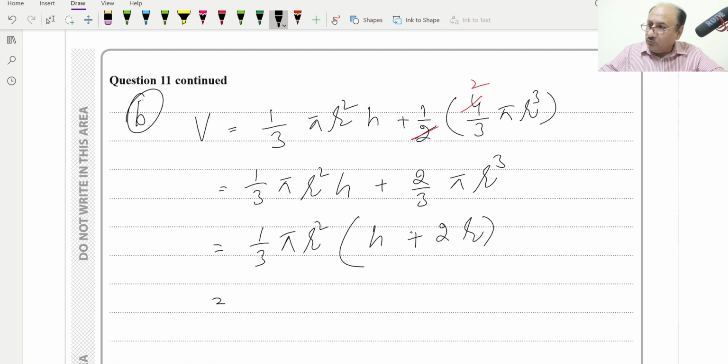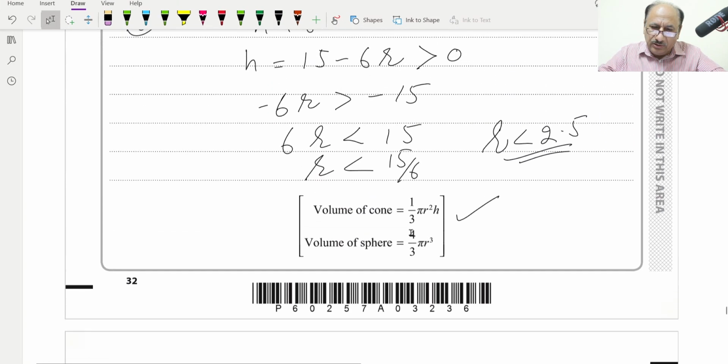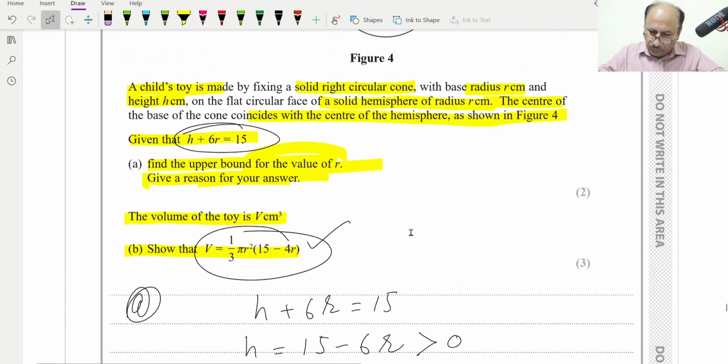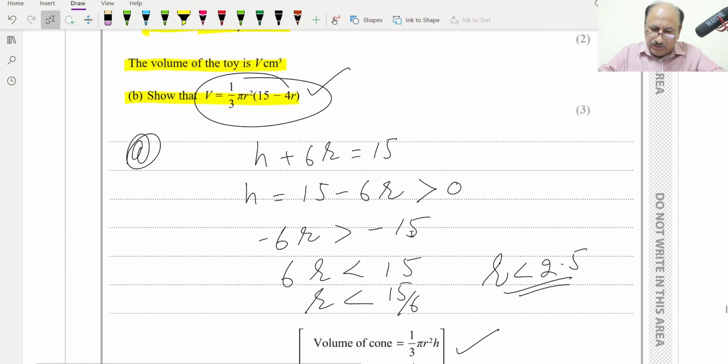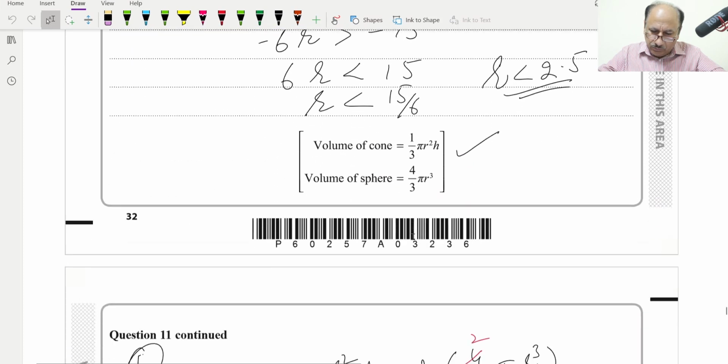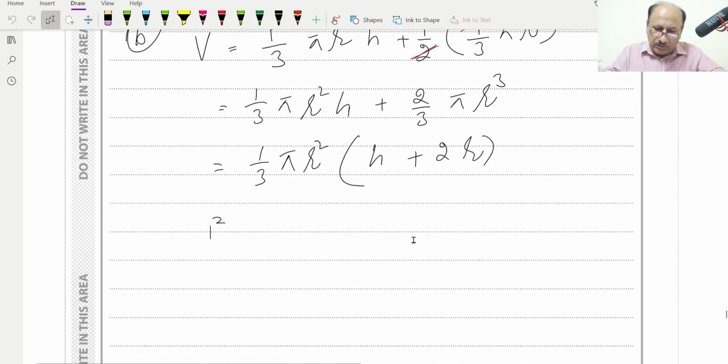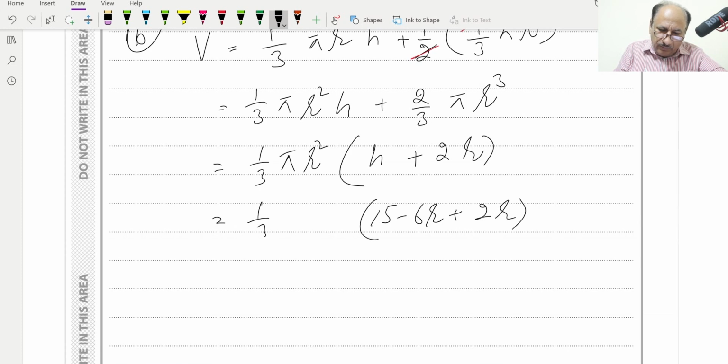Now the h value we have already calculated. h is equal to 15 minus 6r, so we can replace it over here: 15 minus 6r plus 2r, times 1 by 3 pi r squared.